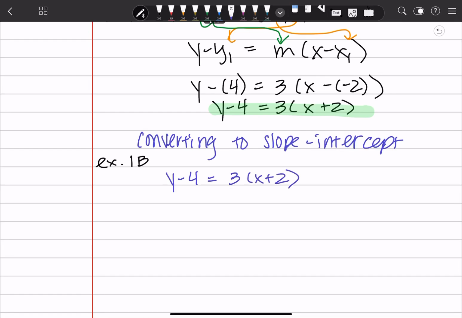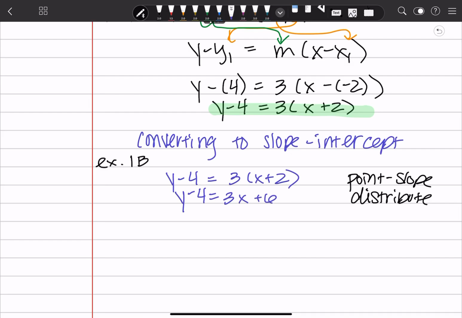Well, your first step is going to be, you need to distribute. I'm writing it kind of like a two-column proof style so you guys see what's happening. So we've got y minus 4 equals 3x plus 6.